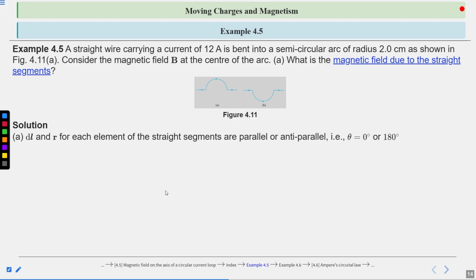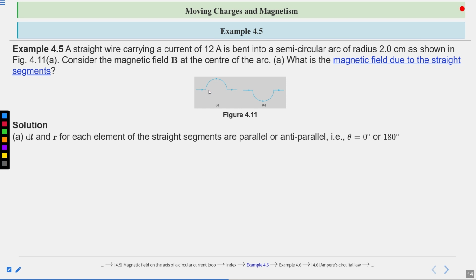So in part A, dL and r for each element of the straight segments are parallel. If we are considering some dL element on the straight segments, at the ends of this loop, a small dL element, and from the center we draw a displacement vector to this dL, then the direction of dL and the direction of this position vector will be parallel or anti-parallel.